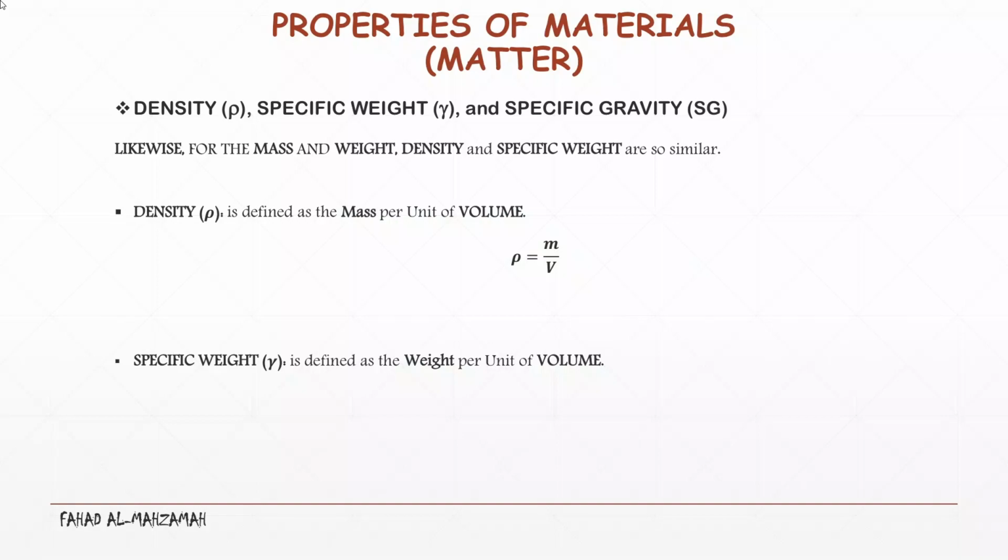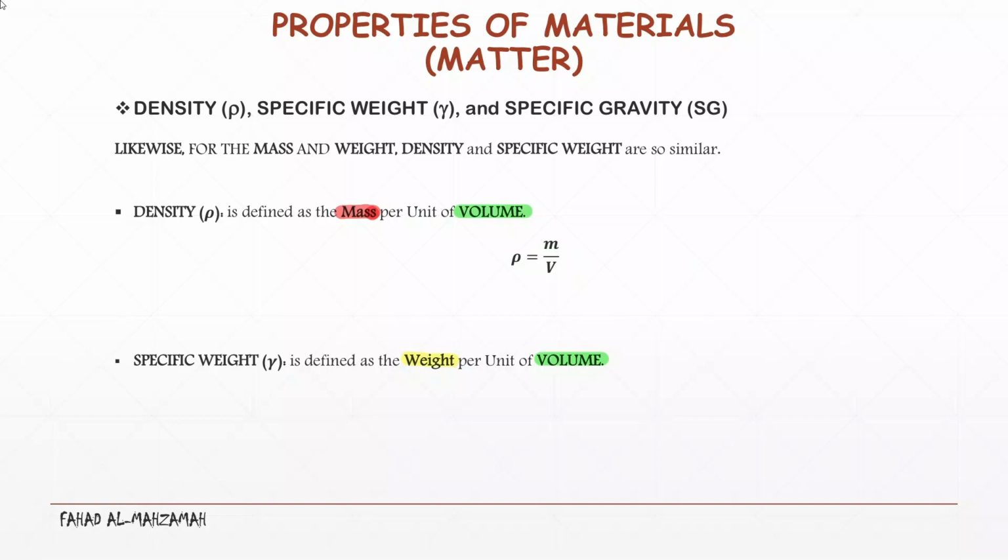Now you can see that in the density we are using mass, while in the specific weight we are using weight instead of mass. However, we are dividing by the same volume.